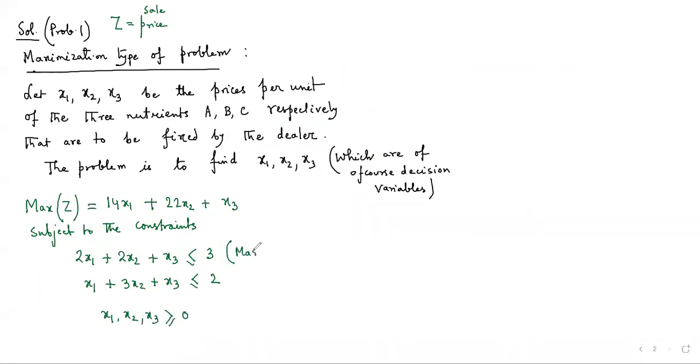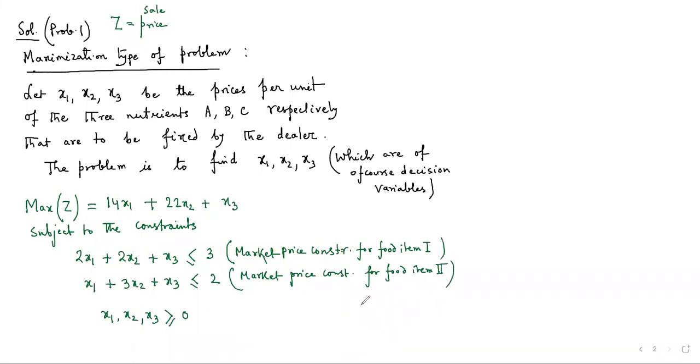This is the market price constraint for food item 1, and this is the market price constraint for food item 2. These are the two constraints, and we are done.